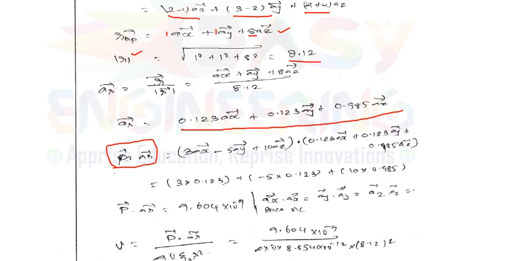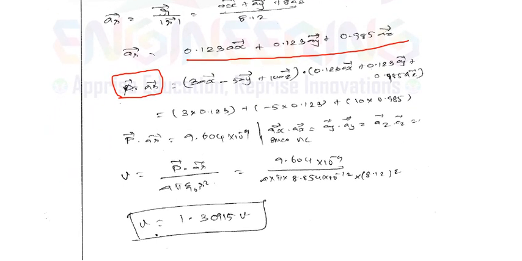After taking all these values you will get 9.604 into 10 power minus 9, because it is mentioned as nanocoulomb.